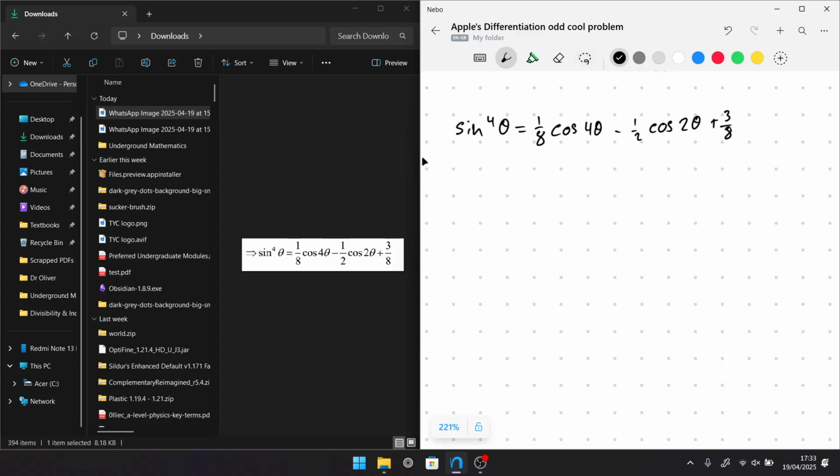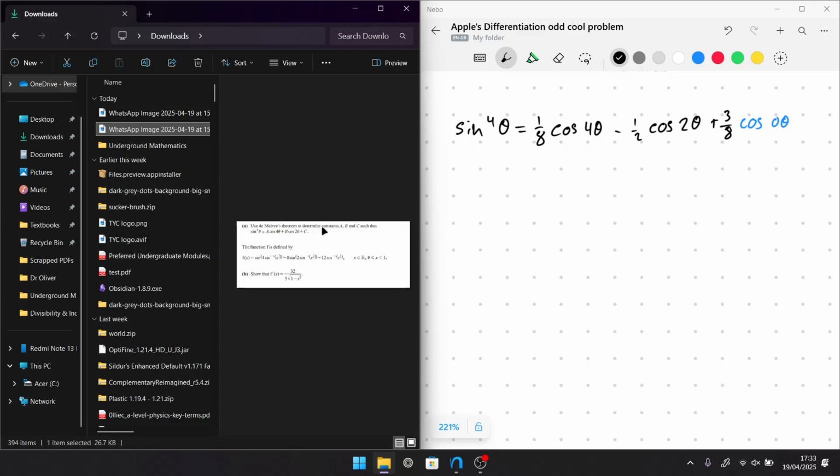All I'm going to do is quickly change this to cos 0 theta. It looks really random, but it becomes helpful in a sec.